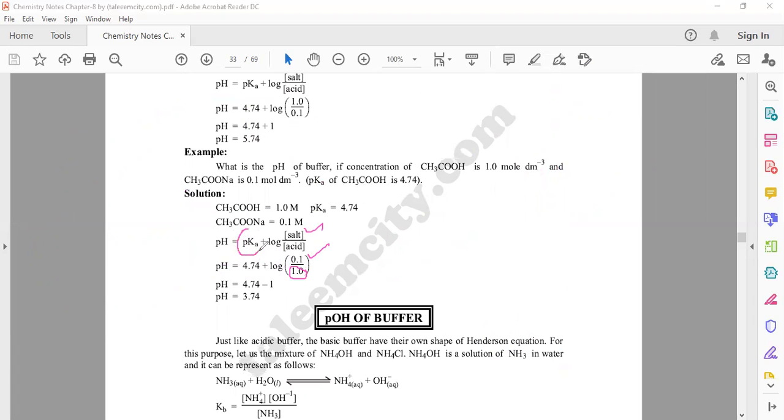The pKa, the negative log of the ionization constant of acetic acid, has a value of 4.74. Take the log of this, it will be 1 minus 1. So 4.74 minus 1 will be equal to 3.74.